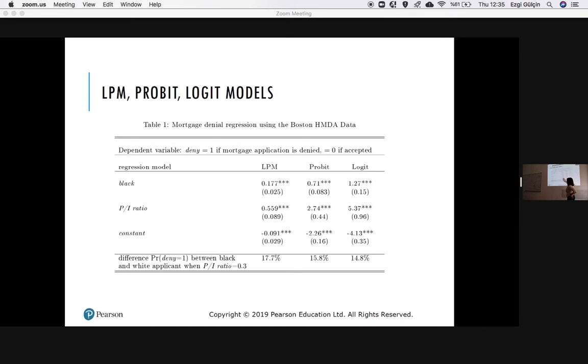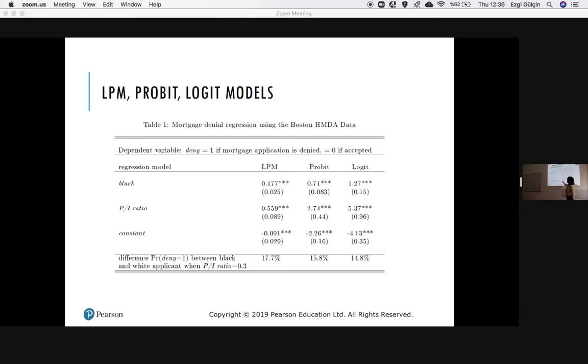We are comparing the three models that we have seen by using the constant, the payment income ratio, which is our variable of interest, and controlling for the other variables, so the race of individuals. And while here we were actually able to interpret the effect on the probability of being denied directly, here we cannot do that, and we need to make that additional computation.